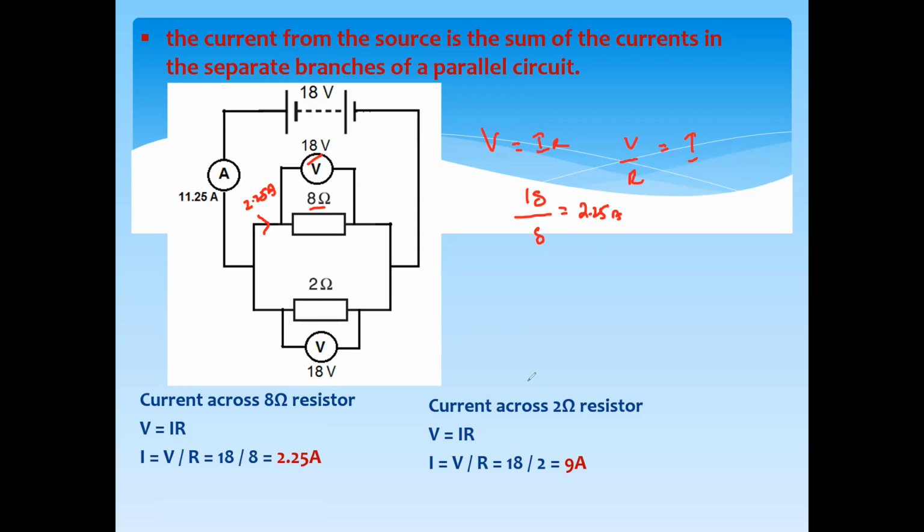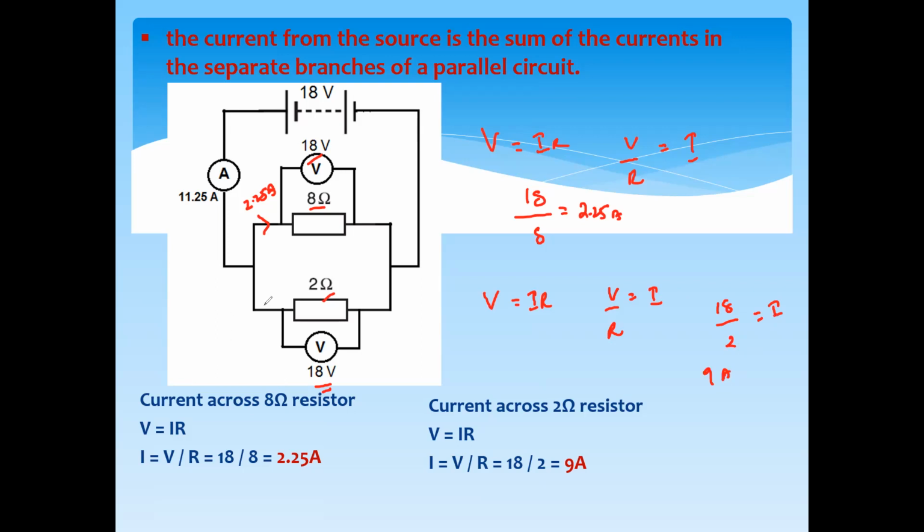When we check how much current is moving through the second resistor, we know its voltage and we know the resistance. So V = IR, or V divided by R equals I, where V is the voltage, which is 18, and R is the resistance, 2. So 18 divided by 2 equals 9 ampere.